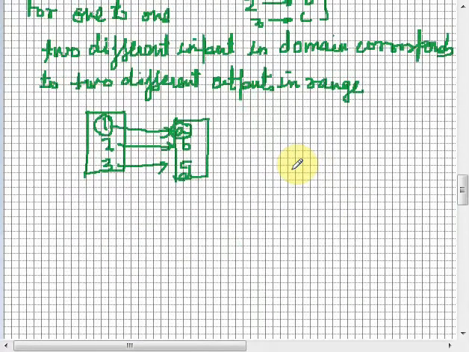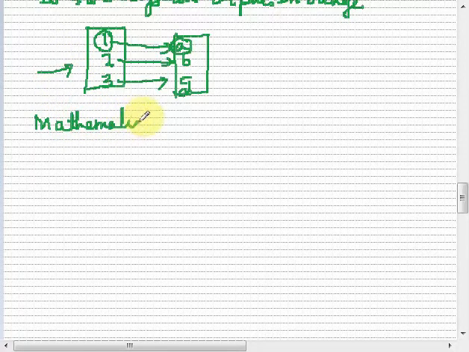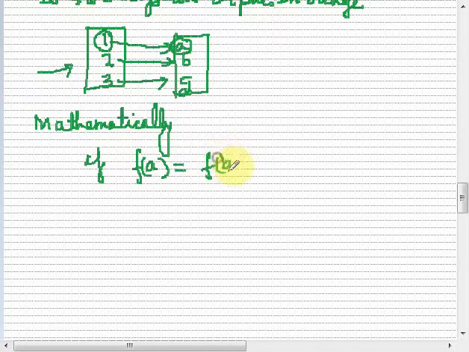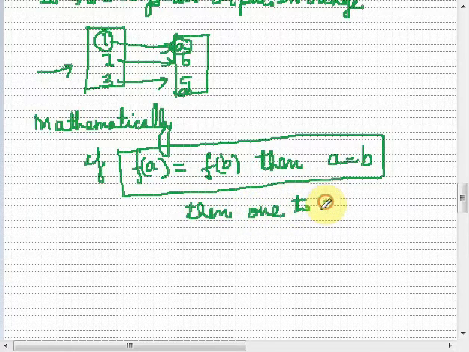Mathematically, what does this mean? This was what I showed through ordered pairs. Mathematically, it means if f(a) = f(b), then a = b. Then it is one-to-one.